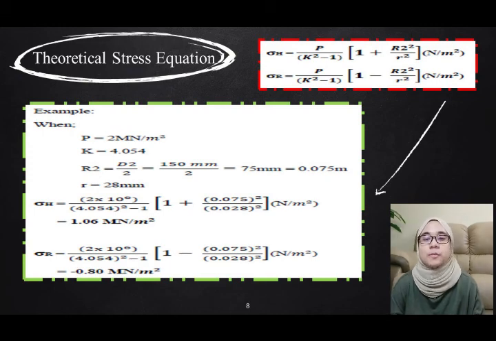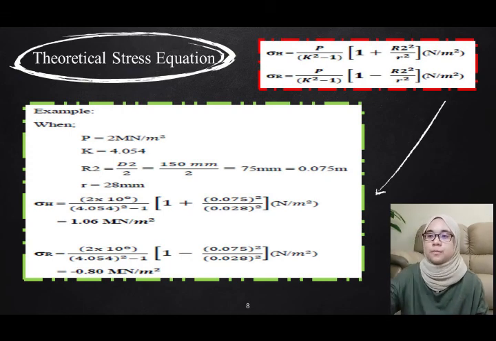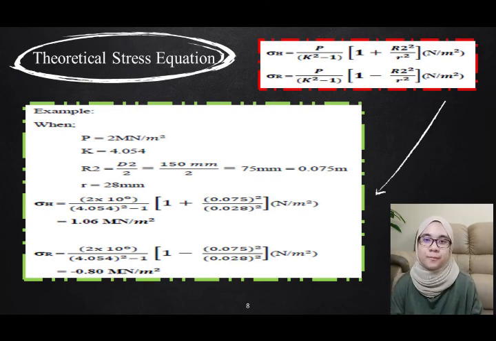For the hoop stress, after we key in all the values, we got 1.06 meganewton per meter square. And for the radius stress, we got negative 0.80 meganewton per meter square. So that's all from me, and thank you.